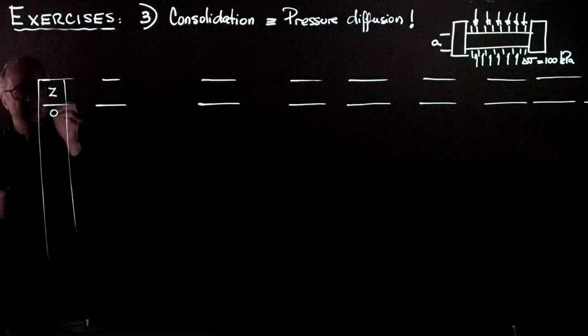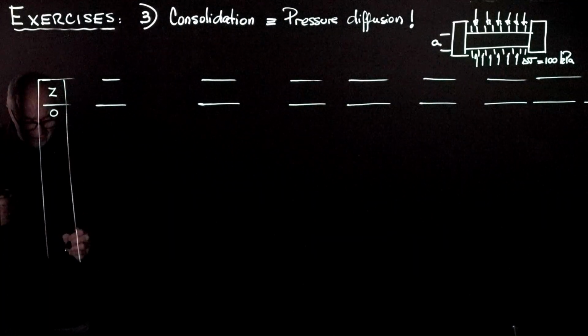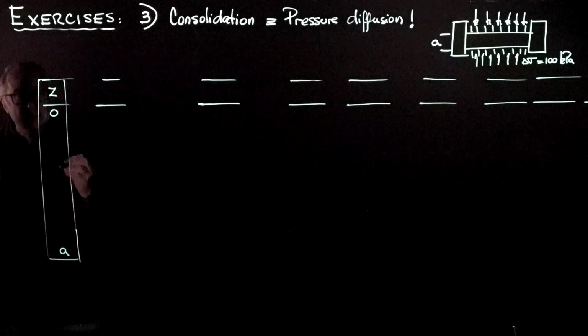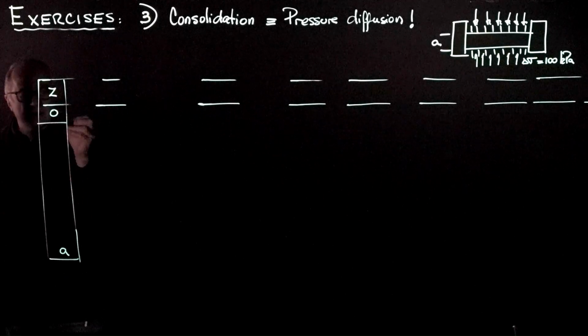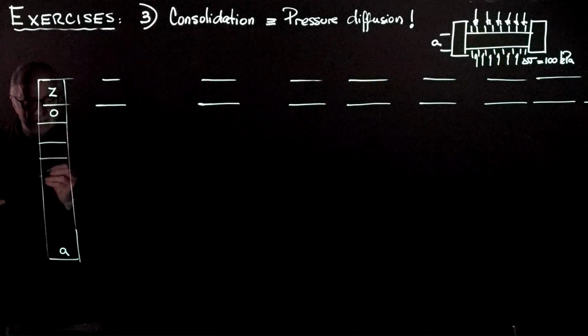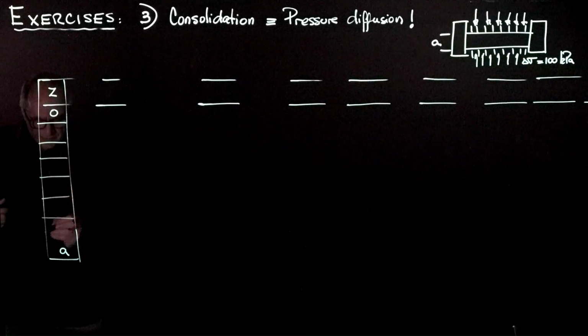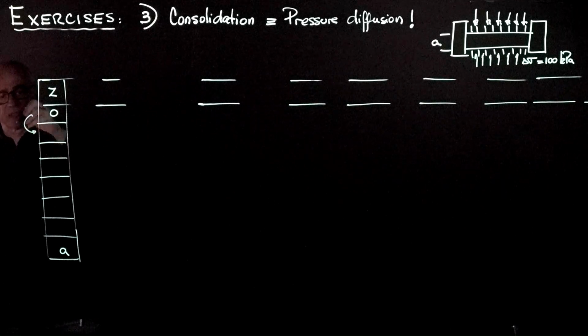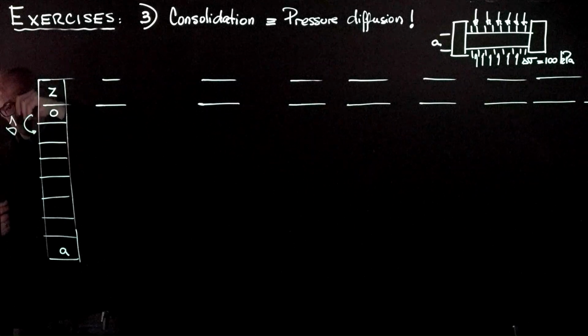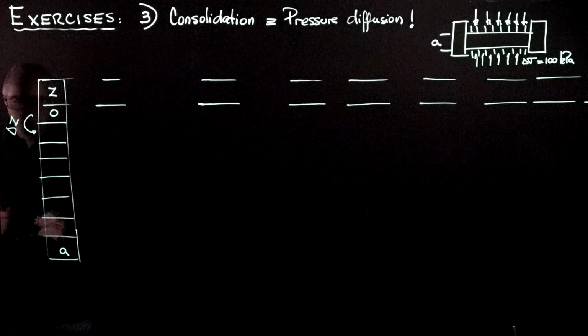So at the top is 0. At the bottom, we are going to have a value of A. This is the last element that we're going to have. And we can decide how many elements we want, but the next increment is such that we can say that between any two successive elements, there is a delta z increment until we get to A.